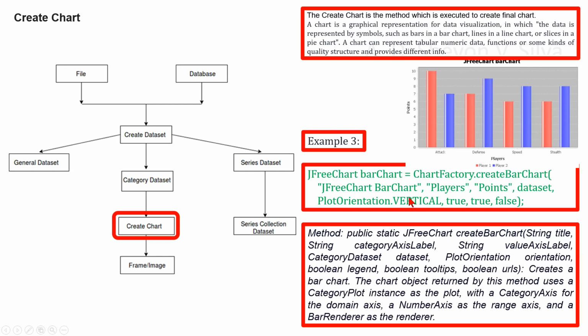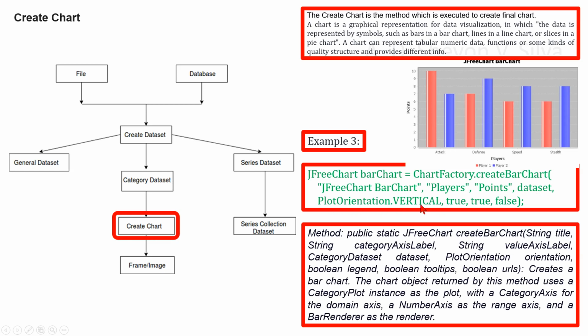Here the title, the chart title, null permitted. Here the category axis label, the label for the category axis, null permitted. Here the value axis label, the label for the value axis, null permitted. Dataset, the dataset for the chart, null permitted.